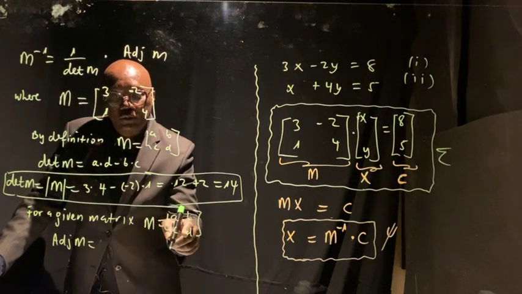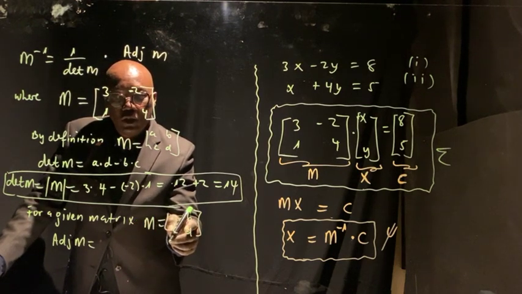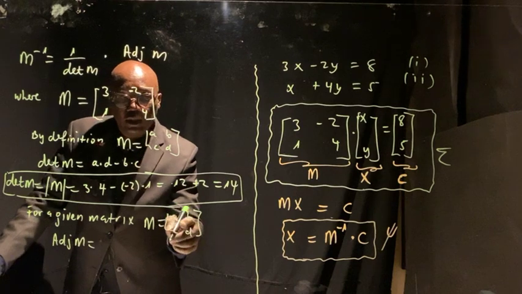The adjoint of M will be: we will swap the positions of these. So the D will come here and the A will go there.